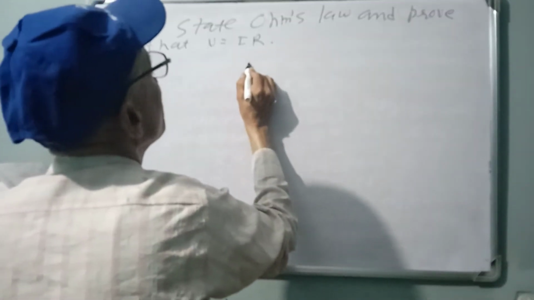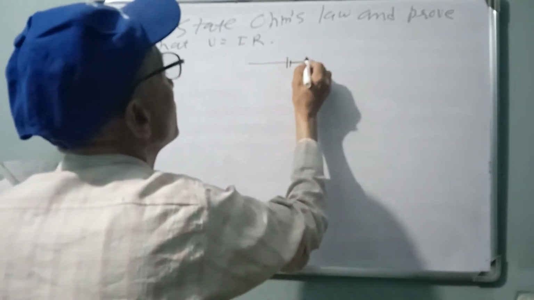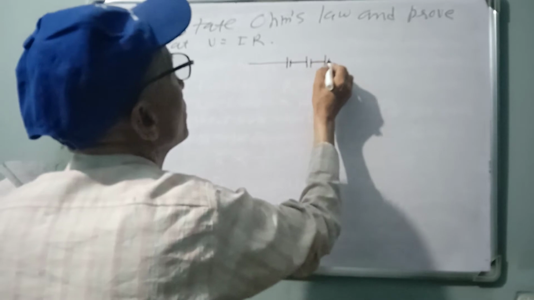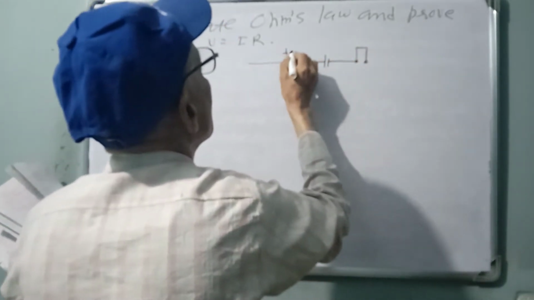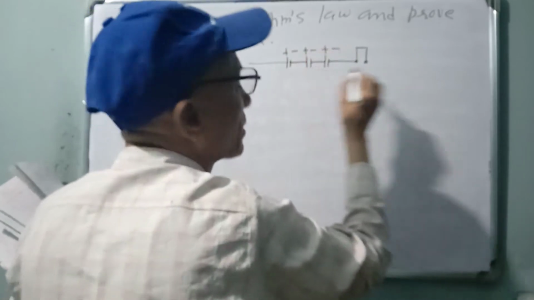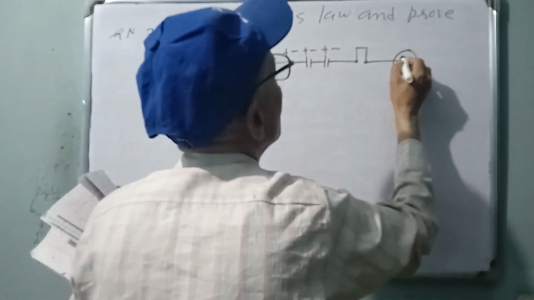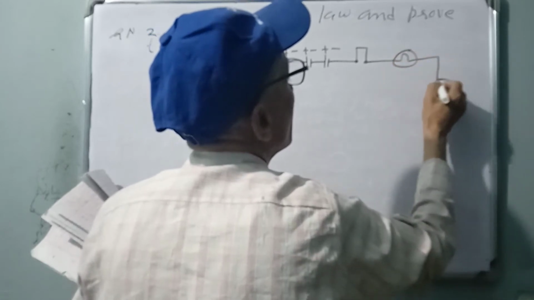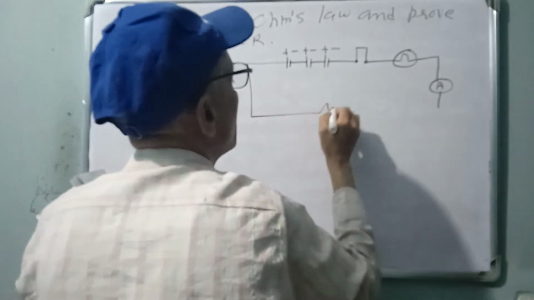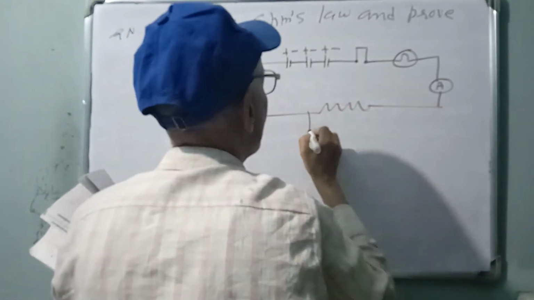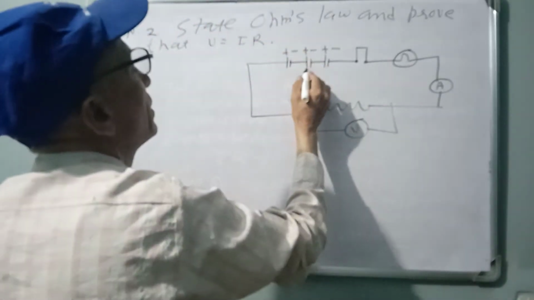Simple circuit diagram. Wire, cell, battery, switch, any load, A, ammeter, resistor, voltmeter, B. What is this?